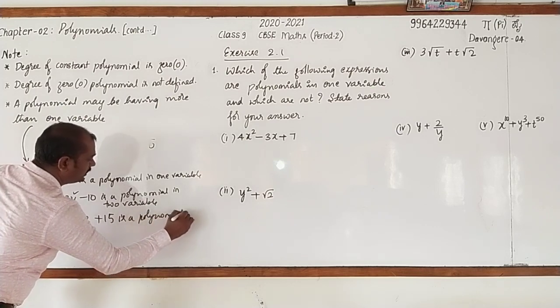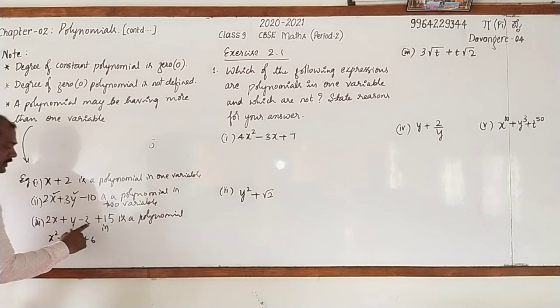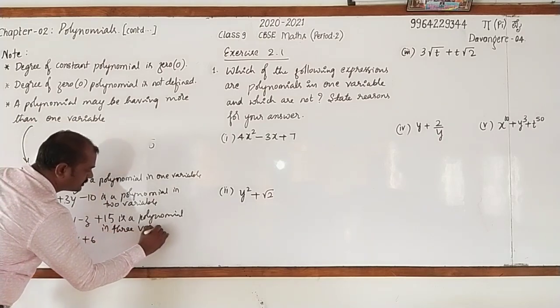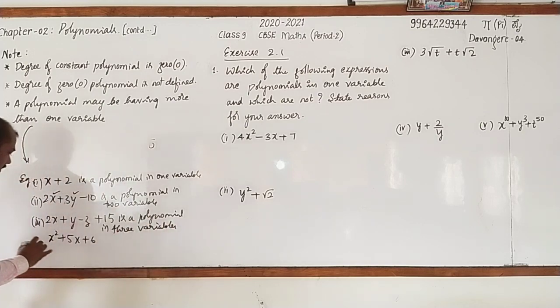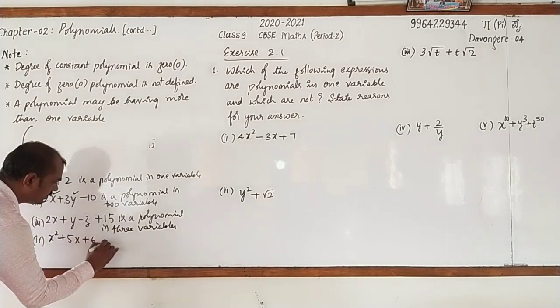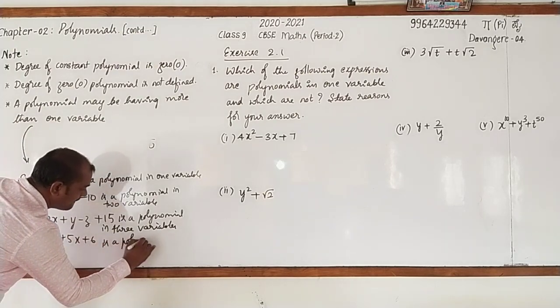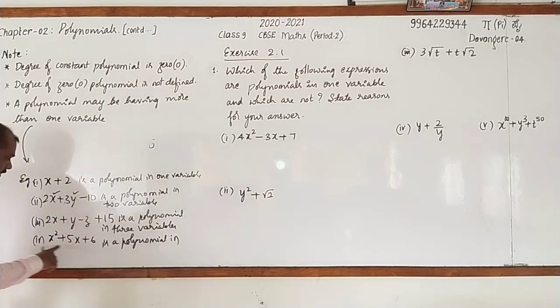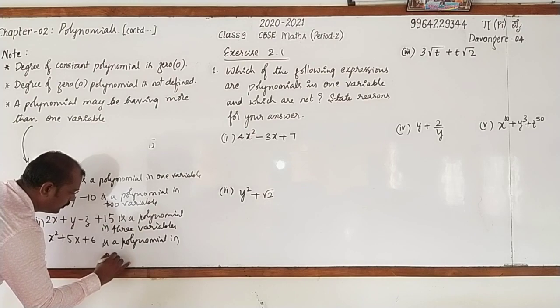And how many variables are there? 3. In 3 variables. Got it? Whereas the fourth one is also a polynomial, only the degree is changed. Degree is 2. It is a polynomial, and it has only one variable, that is x, in one variable.